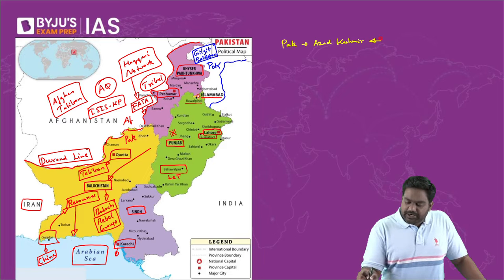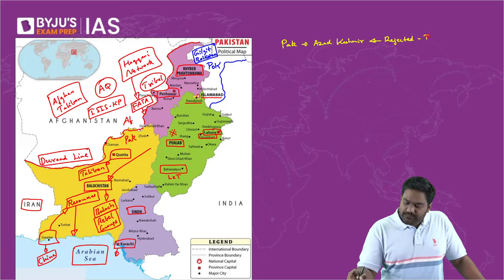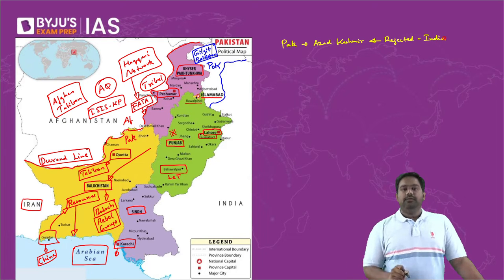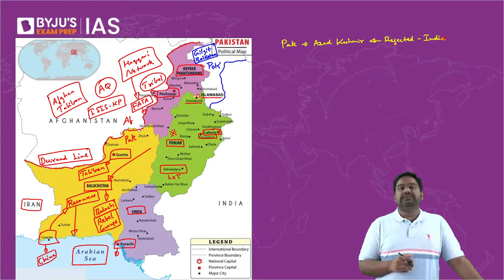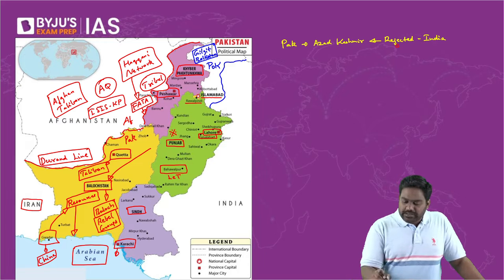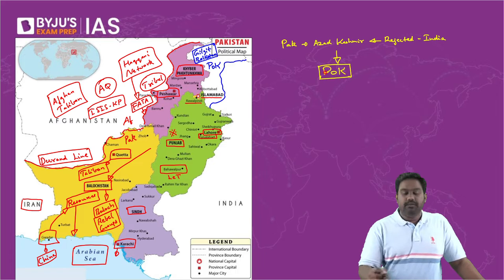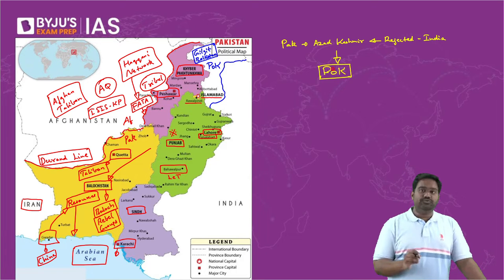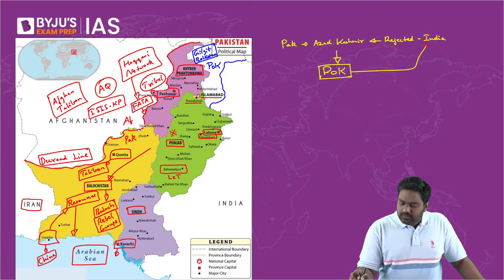This is rejected by India. So never use this term. All right? It's not Azad Kashmir. That's according to Pakistan. According to India, this is just POK, nothing else. It's Pakistan occupied Kashmir. That is the exact word you have to use. Be very careful. All right?